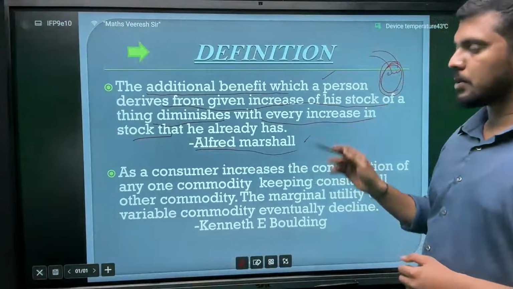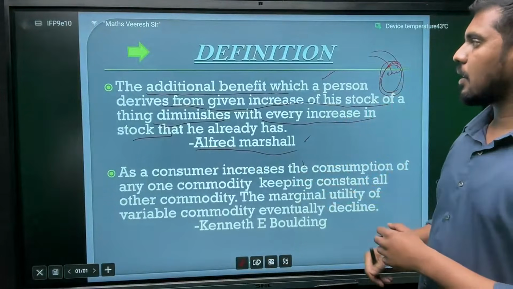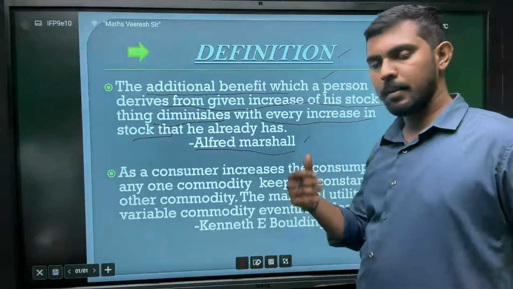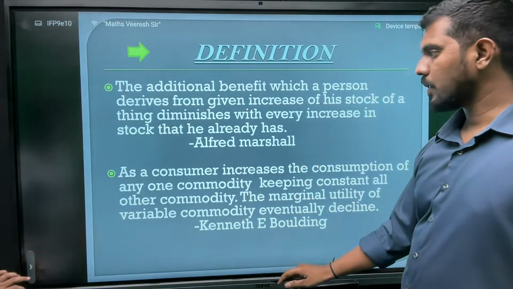This definition was proposed by Alfred Marshall. Next, after completing this definition, we will go to the meaning and the law statement.